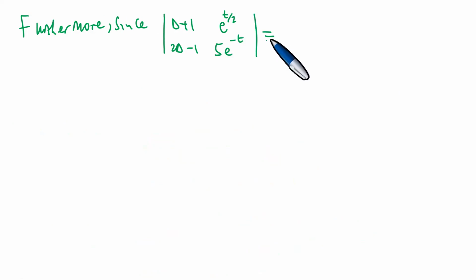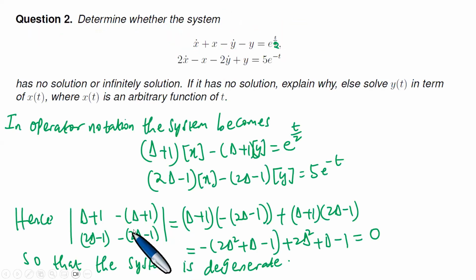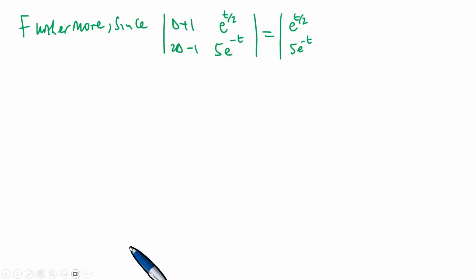Okay, because the system obviously is degenerate, even if you take these functions, you put them here, and you have the 5e to the minus t, then you take the second column of that matrix, minus (D plus 1), minus (2D minus 1).